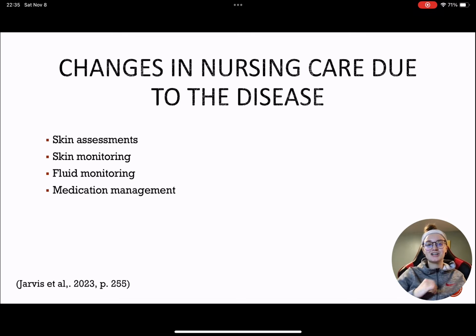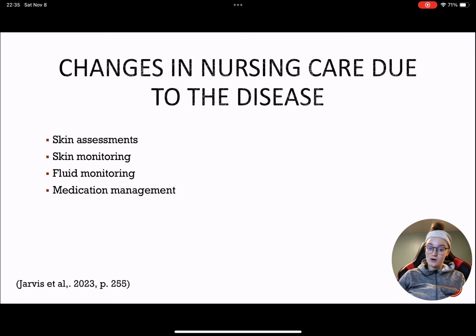All right, changes in care due to the disease. There are not a lot of true major changes, other than being more diligent in certain areas of our assessments and monitoring, and we see that in different ailments as well.